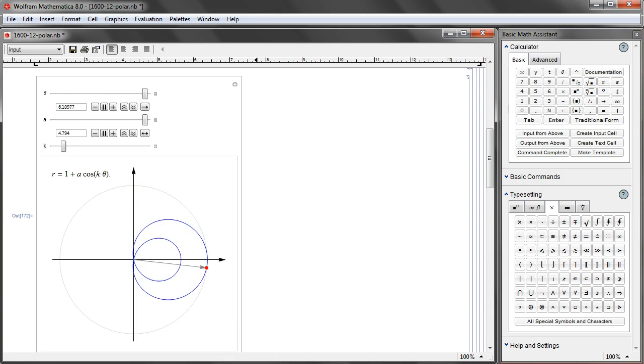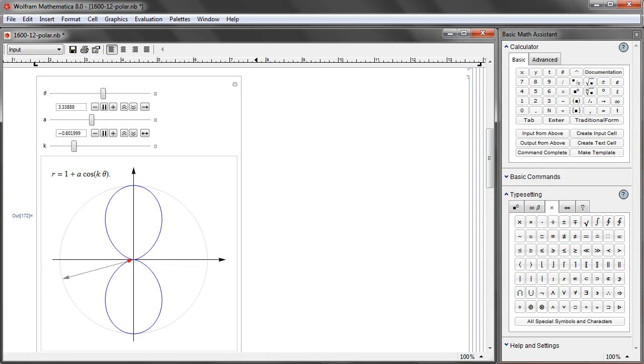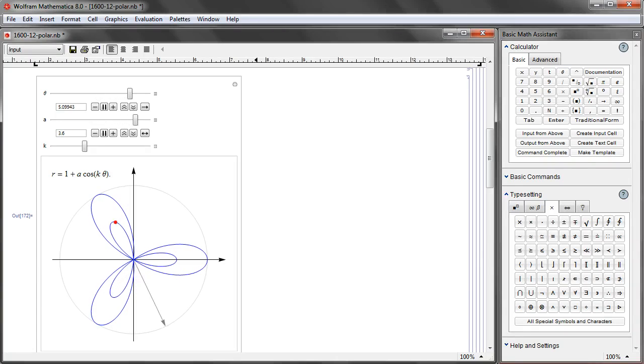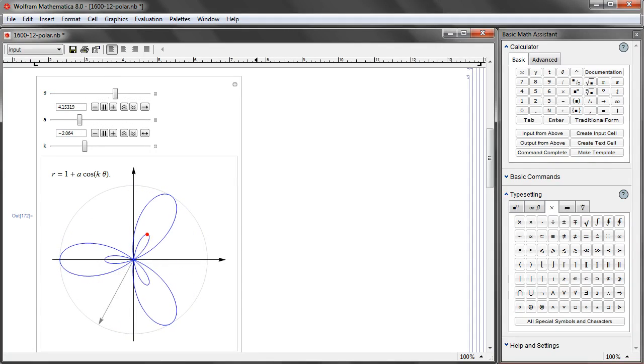When k is equal to 1, then we have the same as the cardioid case, or limaçon case actually, a little bit more general. When k is equal to 2, even more interesting. And k is 3, well, still more interesting, or just the same? Anyway, it's an interesting situation.